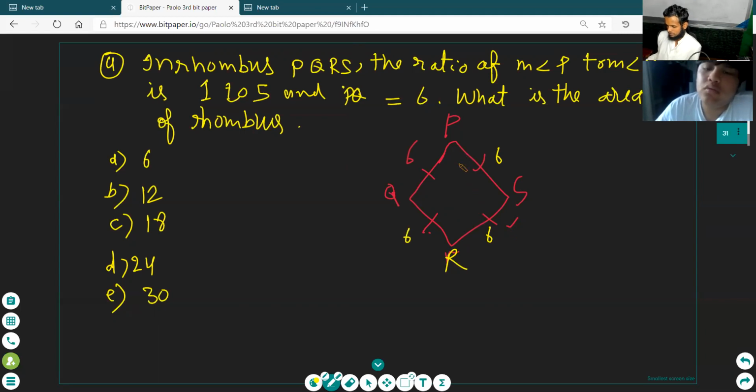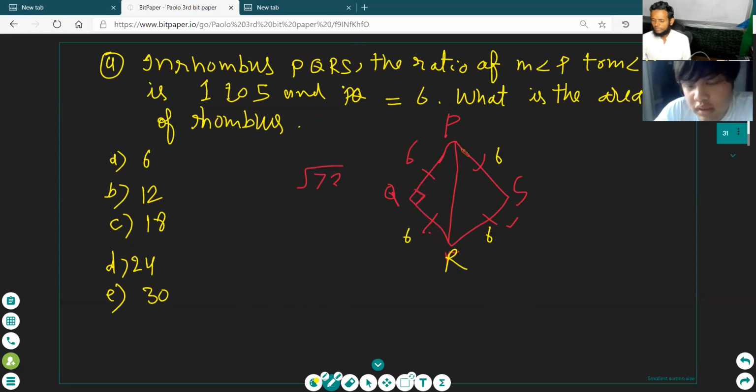Wouldn't that just be 6? Oh, you need to find the height, right? So that would be 6 squared plus 6 squared, 36 plus 36, 72. This is not height. You should make your rhombus as a.